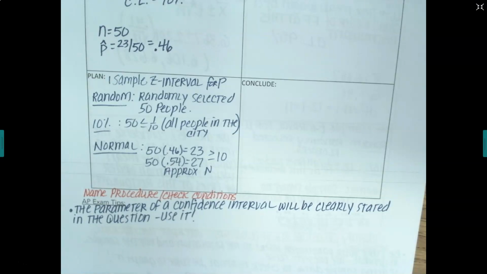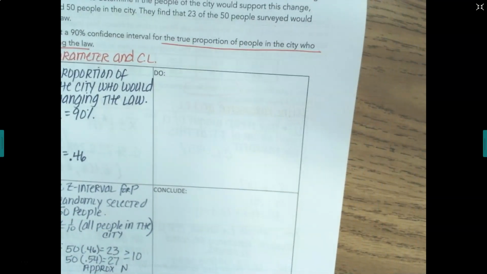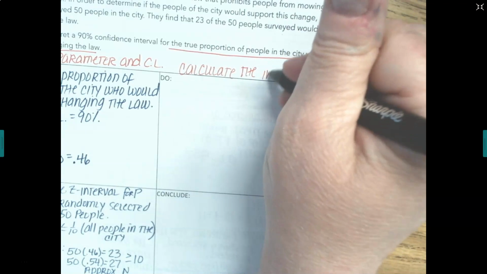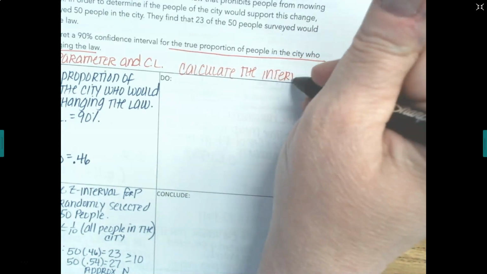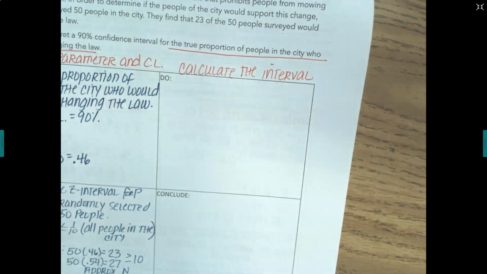So we're going to go to the do part. So in the do, you want to just calculate the interval. Okay, so earlier I showed you the general formula on the formula sheet.